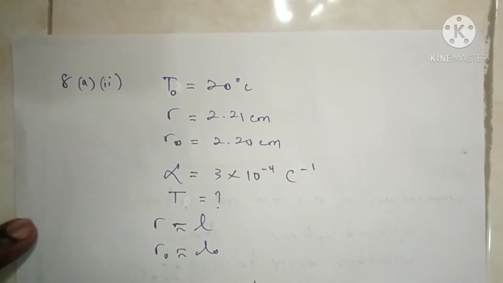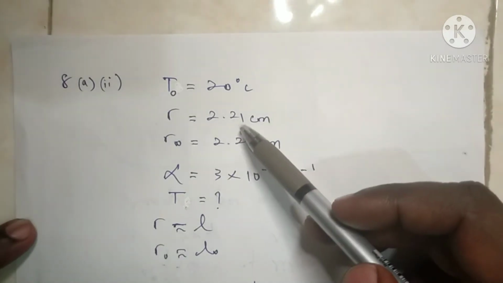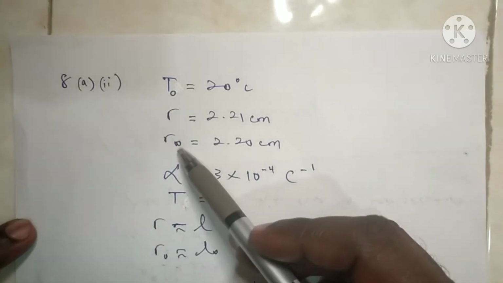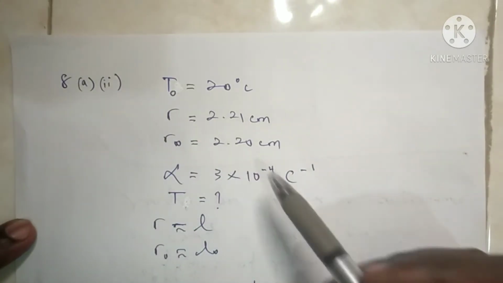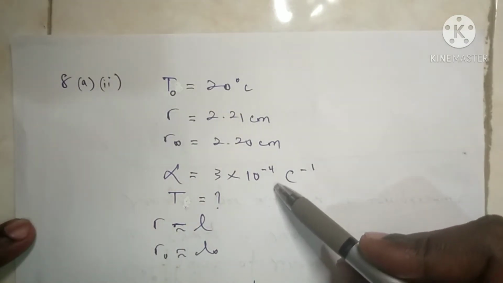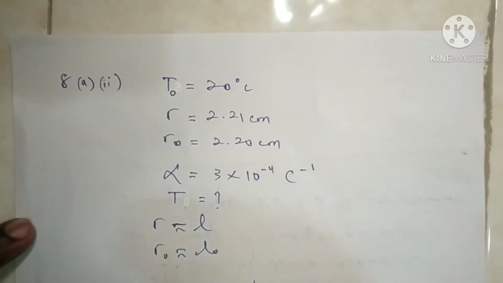According to the question, the original or initial temperature is 20 degrees Celsius. The final radius is 2.21 centimeter. The original or initial radius is 2.20 centimeter. And the coefficient of linear expansion of the epoxy is 3 times 10 to the power of negative 4 per degree Celsius.